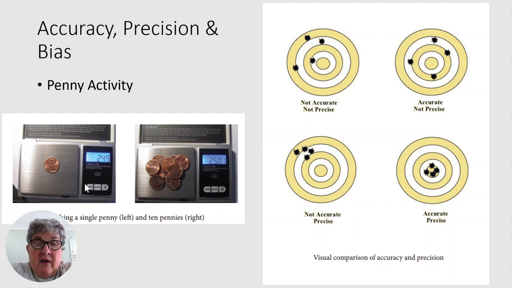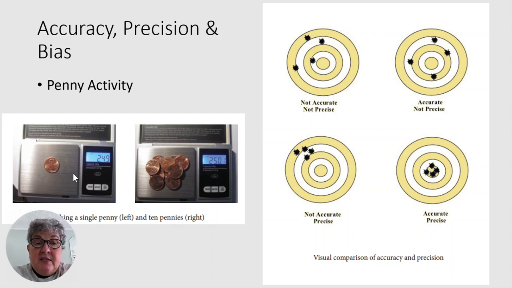Somewhere around, you'll get a nice distribution around 2.500. That is very important because a penny fresh from the mint is going to weigh 2.500 grams.